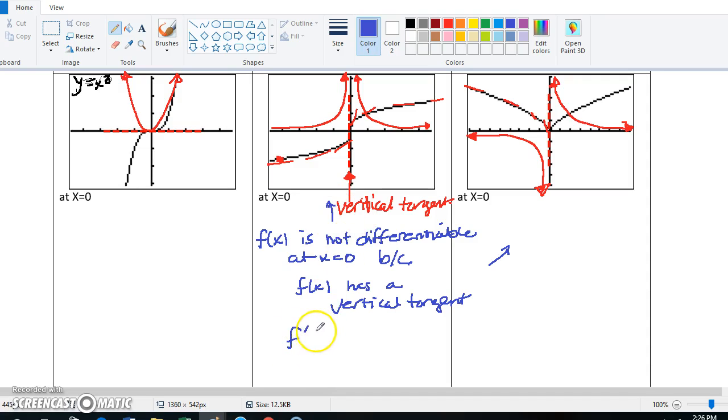All right, we could say f prime of 0 from the left is positive infinity, and f prime of 0 from the right is also positive infinity. But in this case, we cannot say that our slope is positive infinity. We cannot say at 0 the slope is positive infinity. We have to say it does not exist.